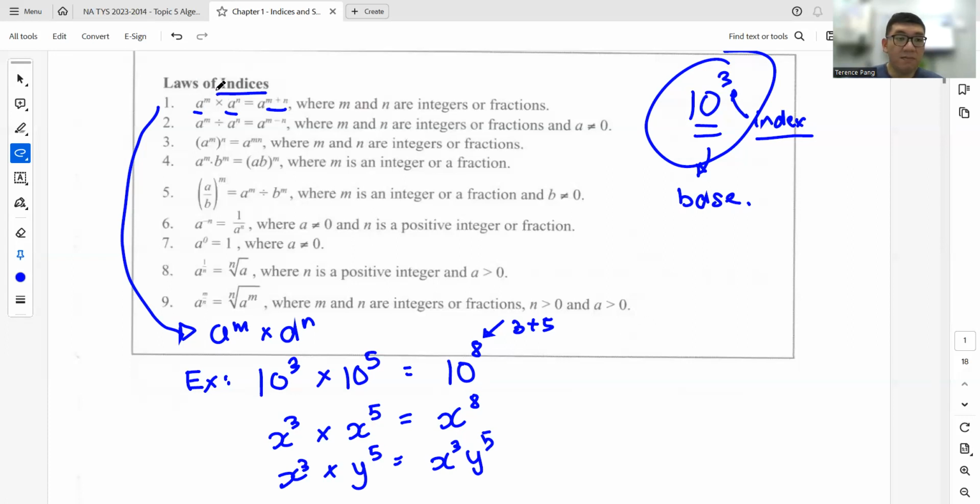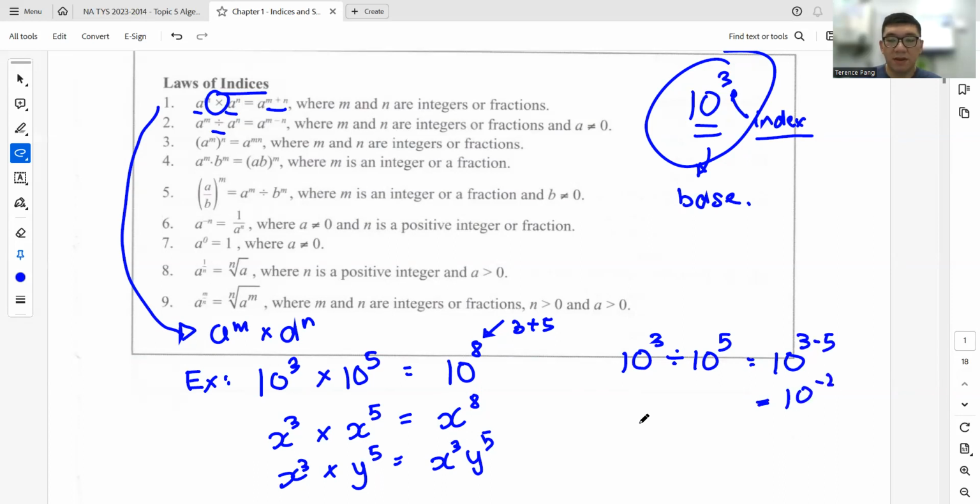That's for multiplication. If we are dealing with division, then the opposite applies: we subtract. If you take 10 to the power of 3 divided by 10 to the power of 5, you will get 10 to the power of minus 2.